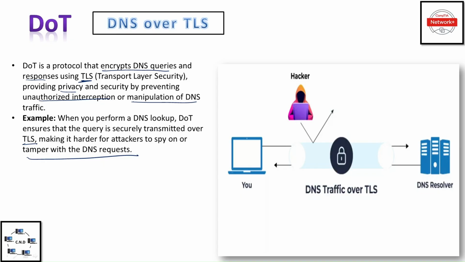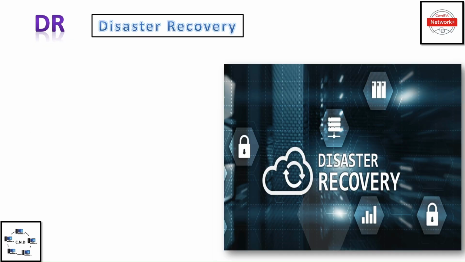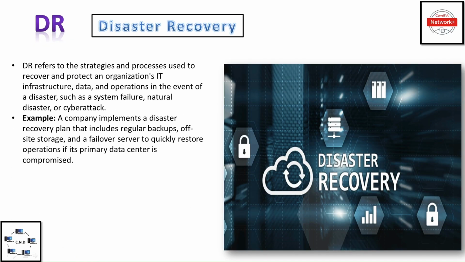For example, if you are using DoT, or DNS traffic over TLS, and the hacker wants to intercept the traffic, he or she won't be able to make any sense of it because it is going through the tunnel and encrypted.